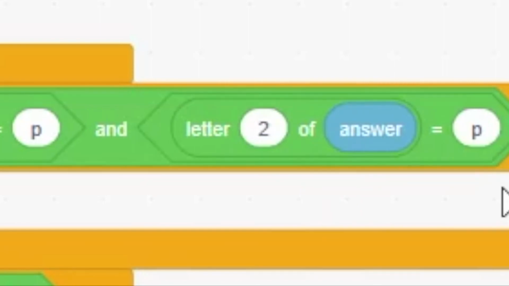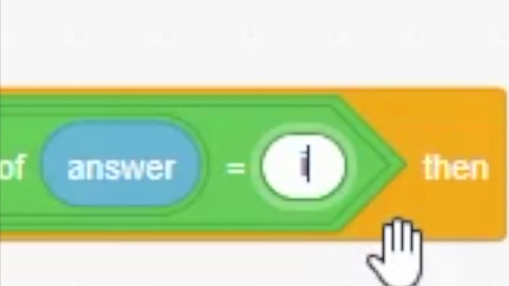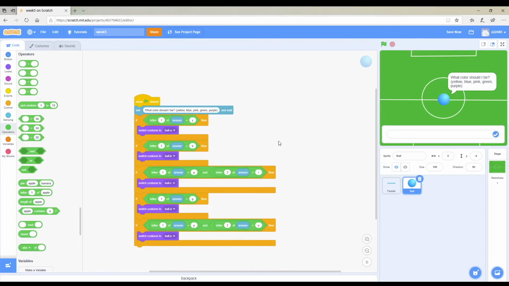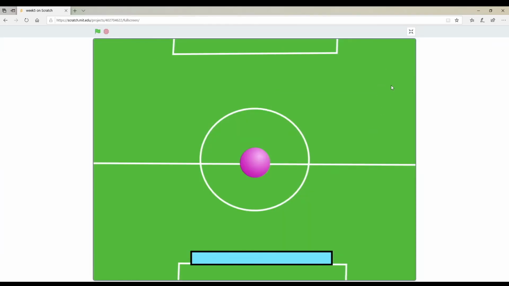The second letter of pink is I, and the second letter of purple is U. So we're going to check for the first letter is P, and the second letter is I or U, and that determines everything. I like pink. I think it goes well with a paddle.